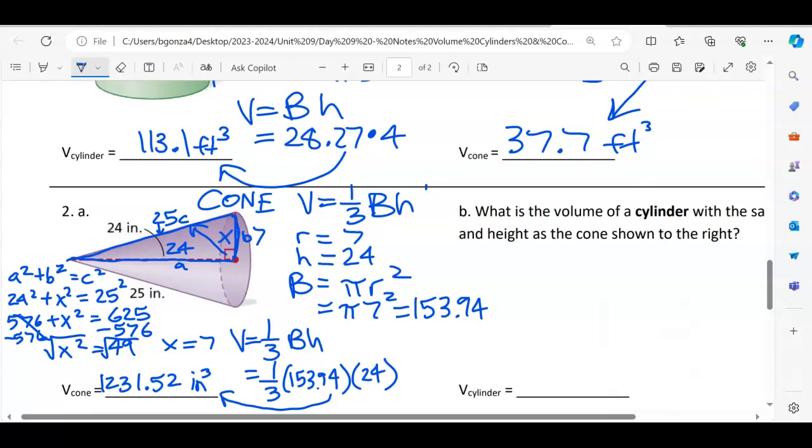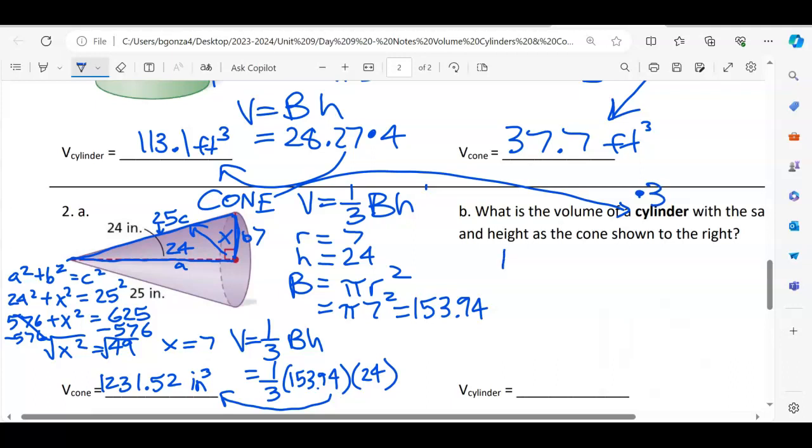Okay, so this one is backwards to number 1. If you start with a cone and I want to figure out the cylinder, is it getting bigger or smaller from cone to cylinder? Bigger, right? The cone is less than the cylinder. It's by 3, so instead of dividing this time, we're going to multiply by 3. So to go from a cone to a cylinder, it's going to be times 3.